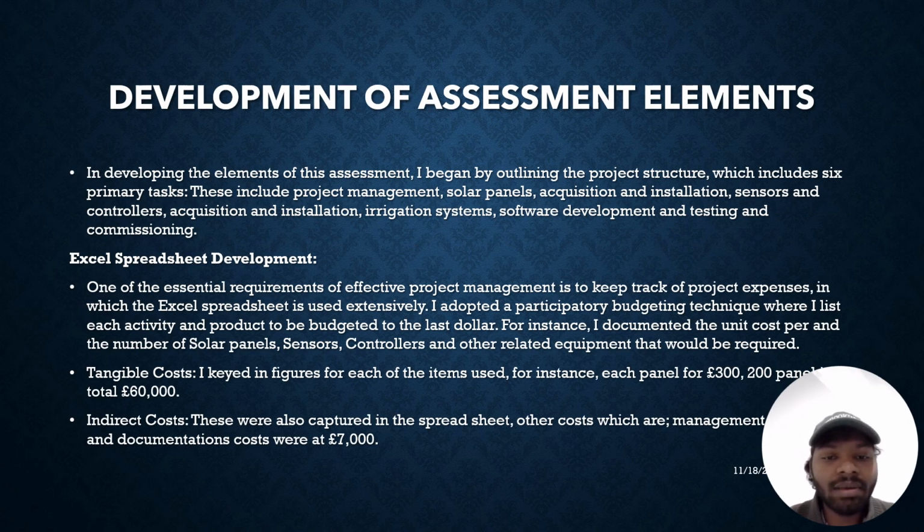Development of assessment elements. In developing the elements of this assessment, I began by outlining the project structure, which includes six primary tasks. These include project management, solar panels, acoustics and installations, sensors and controls acquisition and installation, irrigation system, software development and testing, and Excel spreadsheet development.